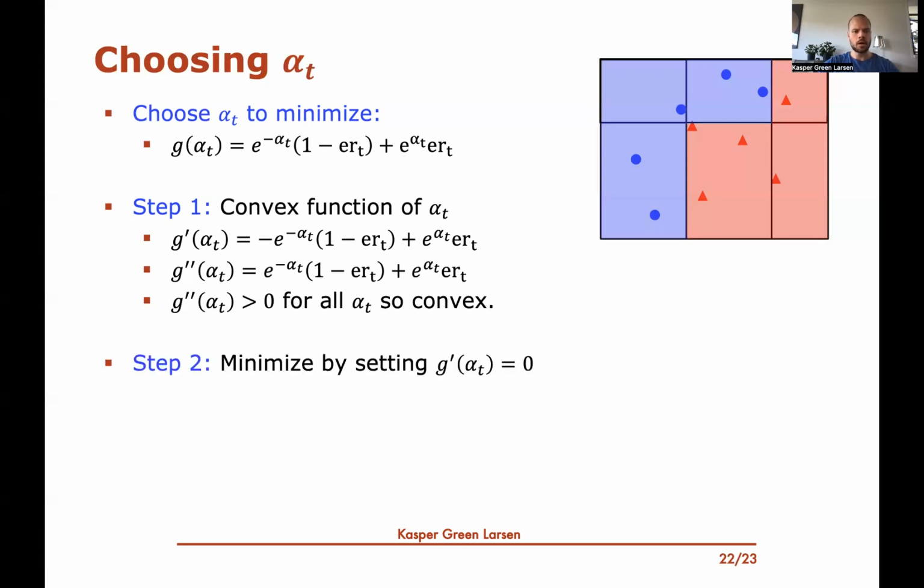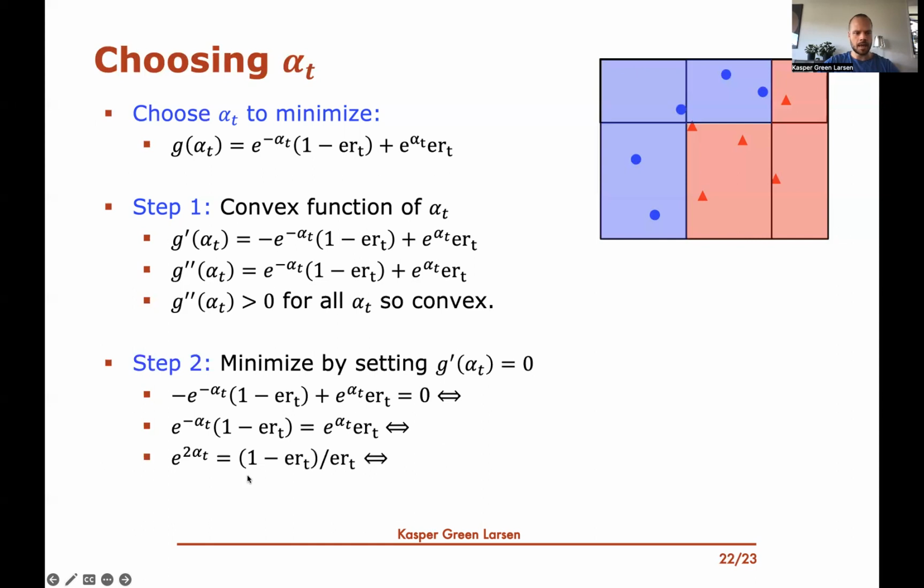So now we know we can minimize it by setting the derivative to 0. We set this expression here to 0, and move the minus e to the minus alpha t to the other side. So we get e to the minus alpha t times 1 minus error t equal to e to the alpha t times error t.